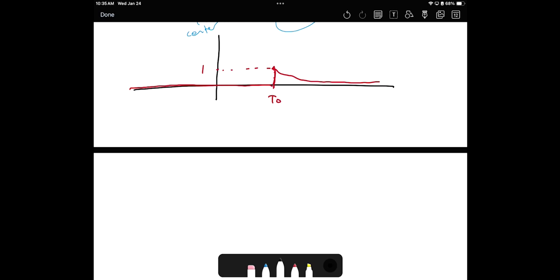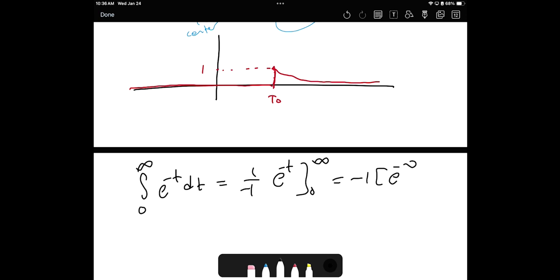And also, now something related to the integral from 0 to infinity of e power negative t dt. We know the integral of the exponential is easy: it is 1 over negative 1, between 0 and infinity, which means negative 1 times (e power negative infinity minus e power negative 0).